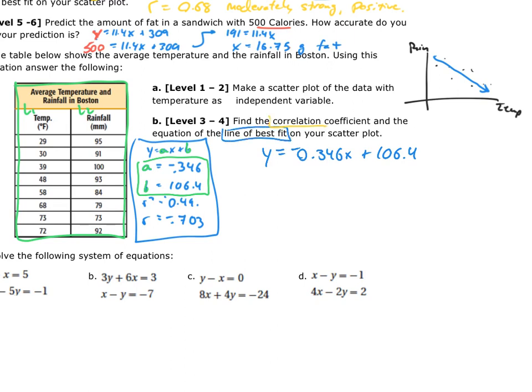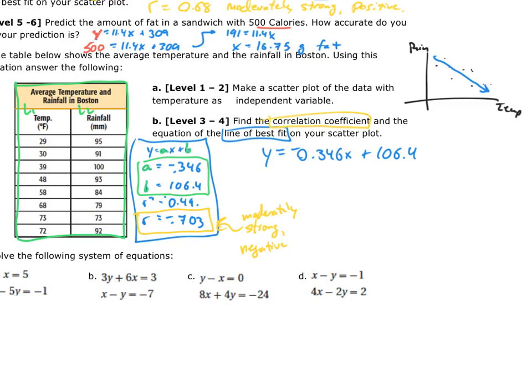Correlation coefficient is this R value. So correlation coefficient is negative 0.703, so it's strong. I guess it's moderately strong. It's below 80%. Moderately strong and negative correlation. Cool. It means it's pretty good, but it's going downhill.